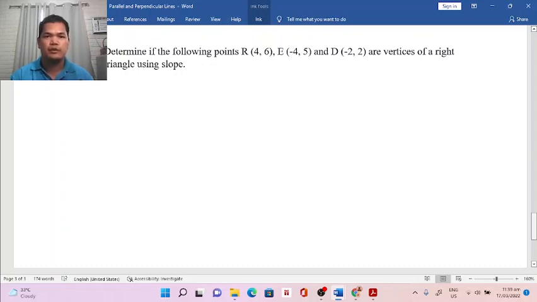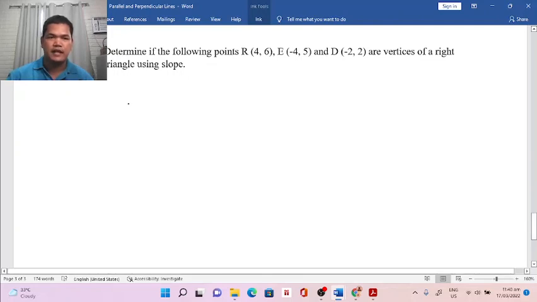So what we're going to do is look for two lines that are perpendicular. And if we can find those two lines, then we could say that these are vertices of a right triangle.